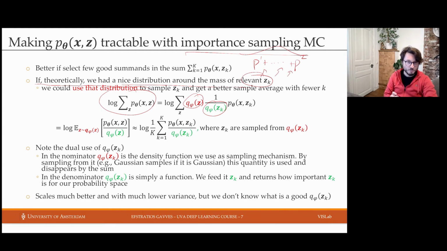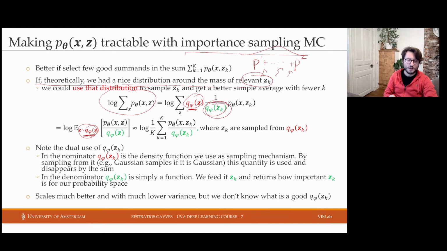Mind you, here is the dual use of our q phi. The red one is used as our probability density function from which we're going to sample in our expectation. So it is used as a sampling mechanism. If we were to pick, for instance, a Gaussian distribution here, it would represent Gaussian sampling.